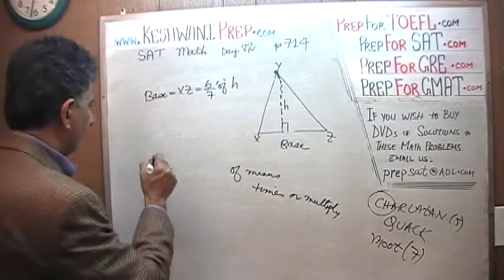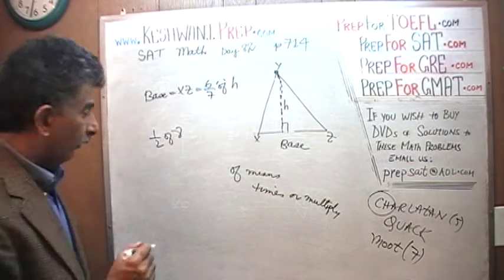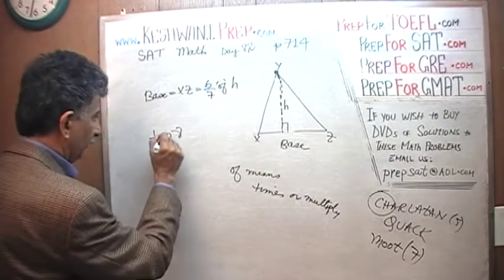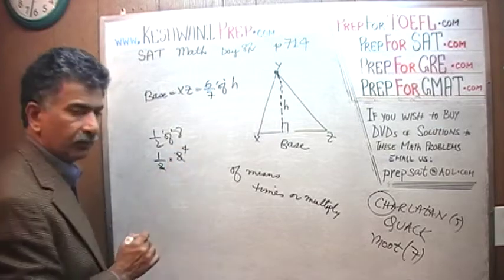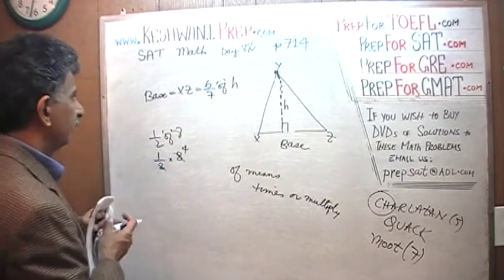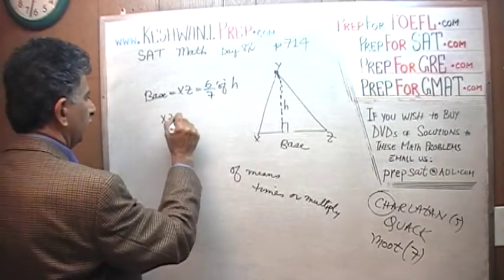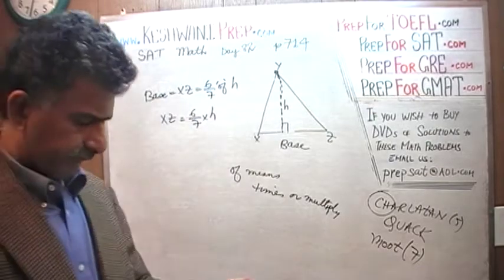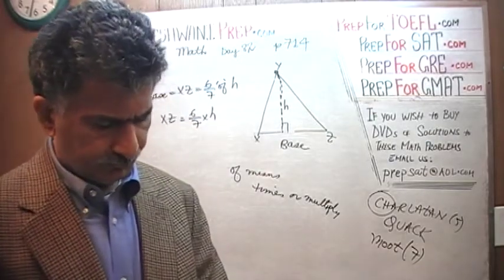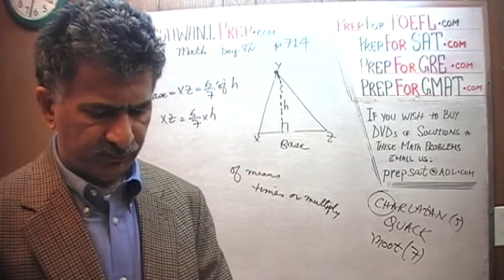For example, if someone says half of 8, well, half of 8 is 4, because half of means times. Half times 8 is going to be 4. So here we are told that x to z is 6/7 times the height. What is the question asking? What's the area of XYZ in terms of h?